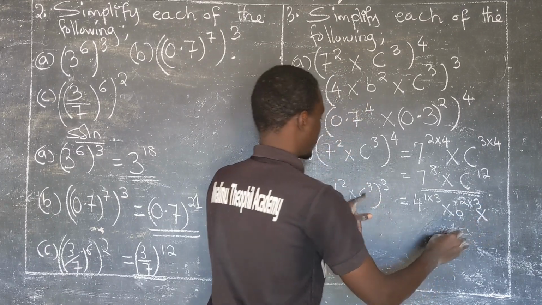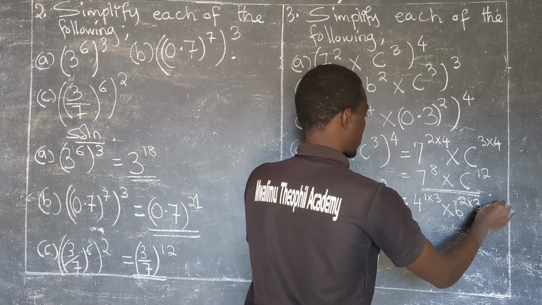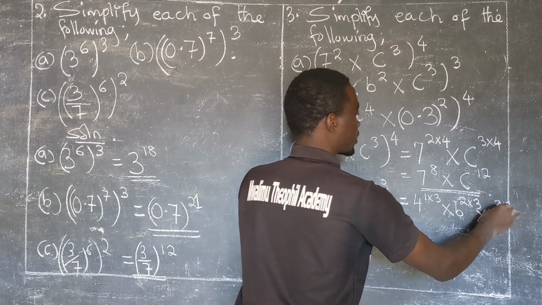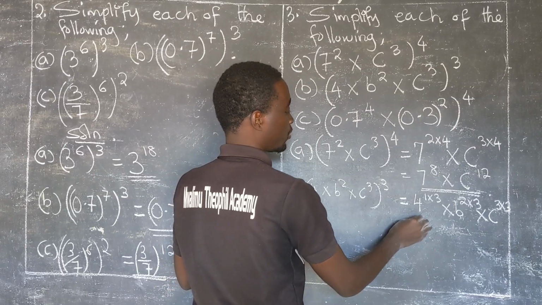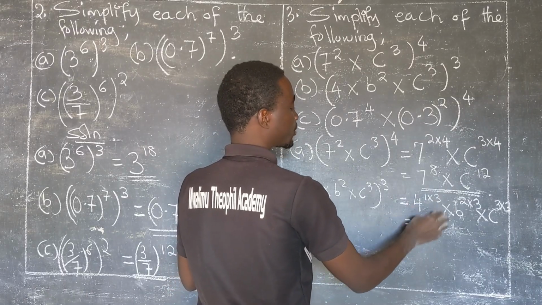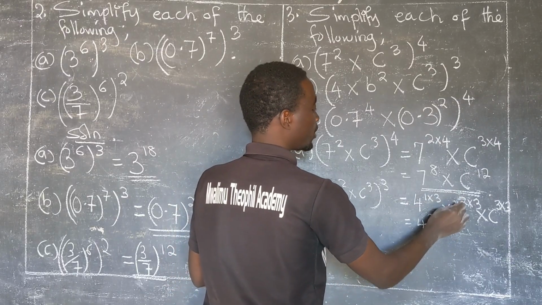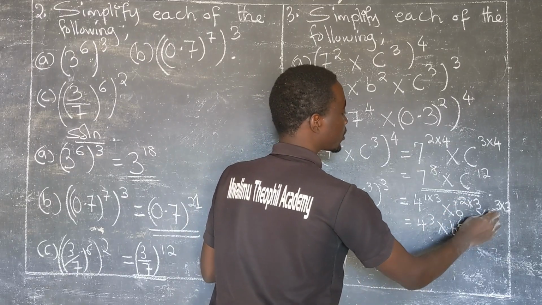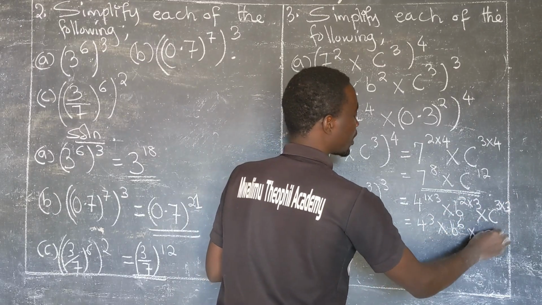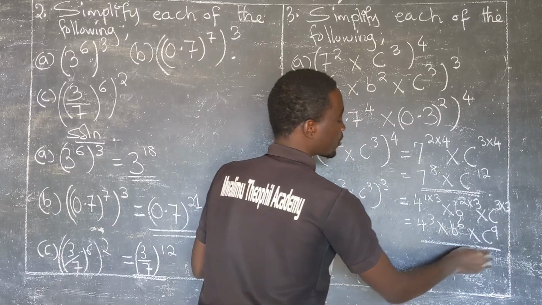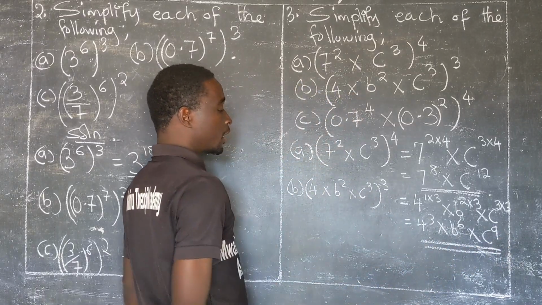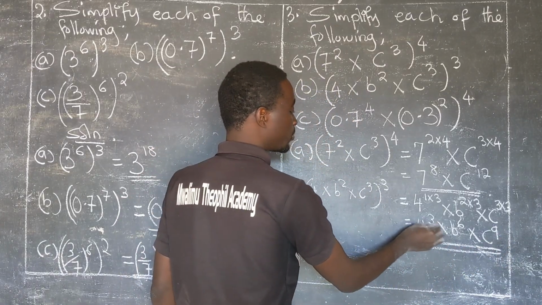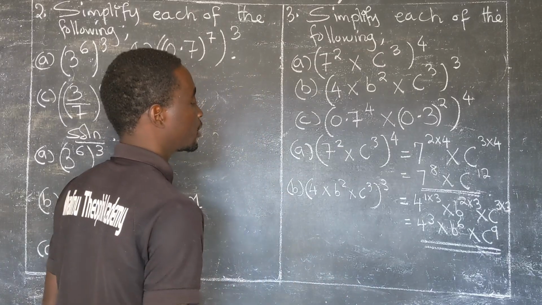Again, we multiply by C raised to 3 times 3. The answer is going to be 4 raised to 1 times 3, which is 3, times B raised to 2 times 3, which is 6, times C raised to 3 times 3, which is 9. Now, this will be the answer: 4 raised to 3 times B raised to 6 times C raised to 9.